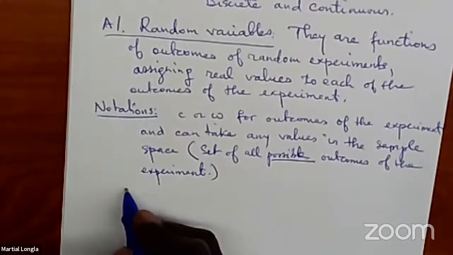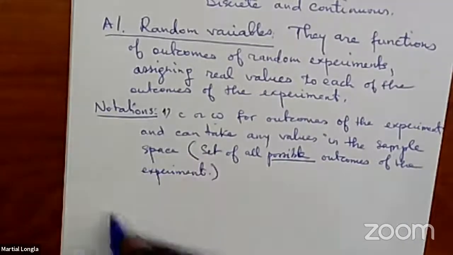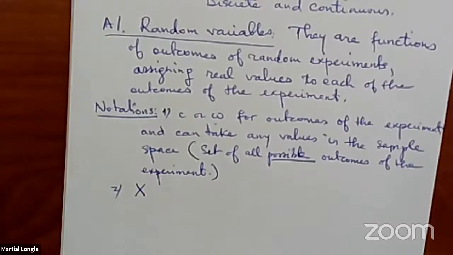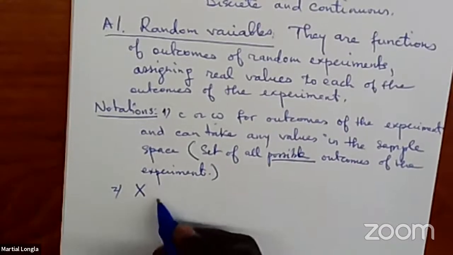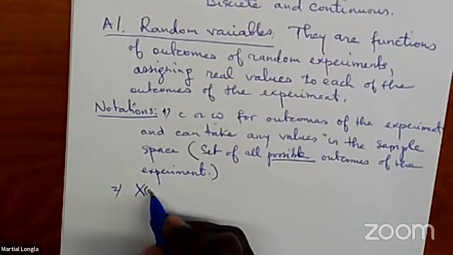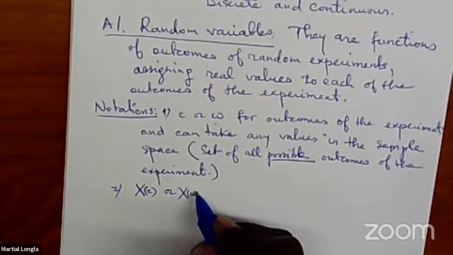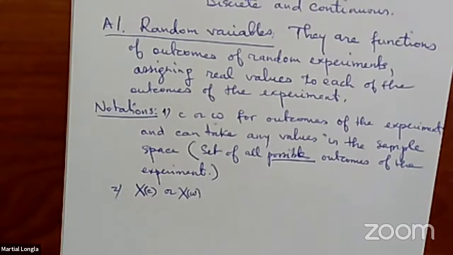Then we went to the random variable x assigns to C or to omega. That's why you would see x of omega or x of C after an experiment.